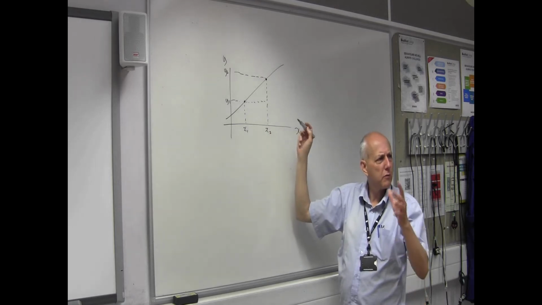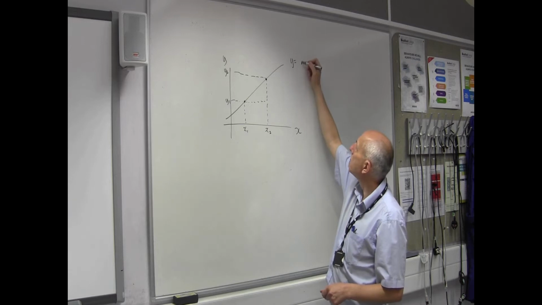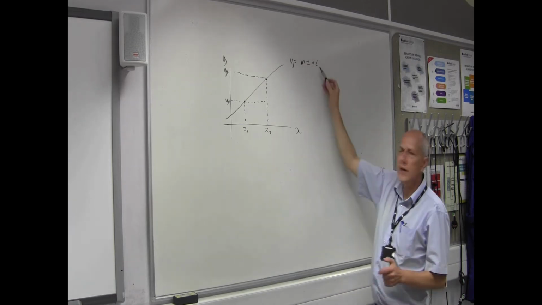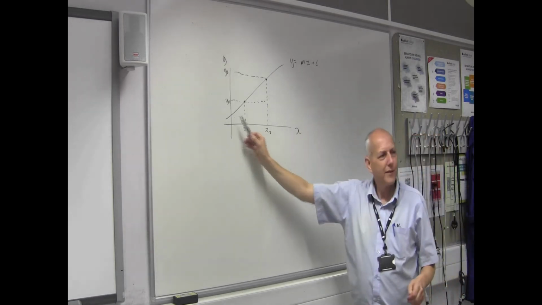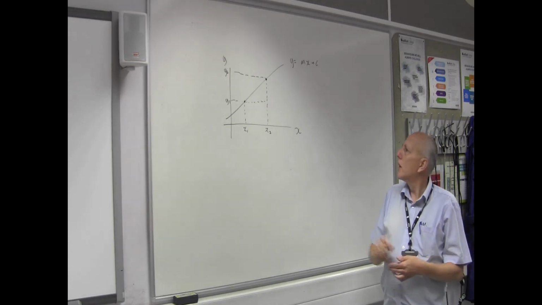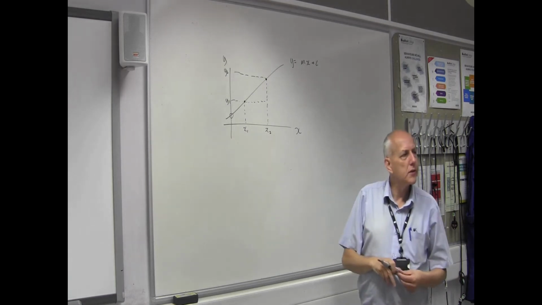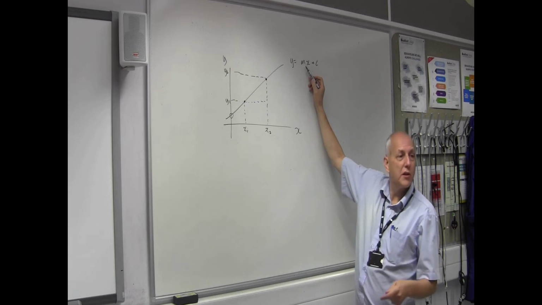You remember the general formula for the straight line? Y equals mx plus c. You remember what the c is? The difference, like how far up you go at the cross point. That's right, where it crosses the y-axis, we call it the y-intercept. So that's your c, and your m is the gradient.